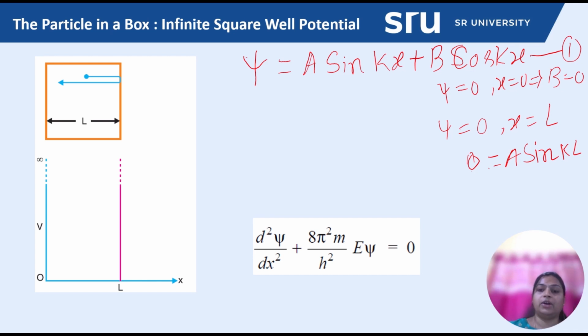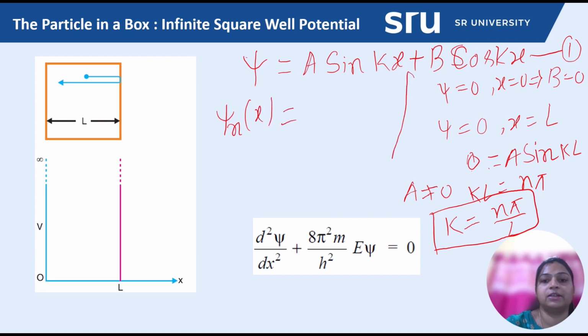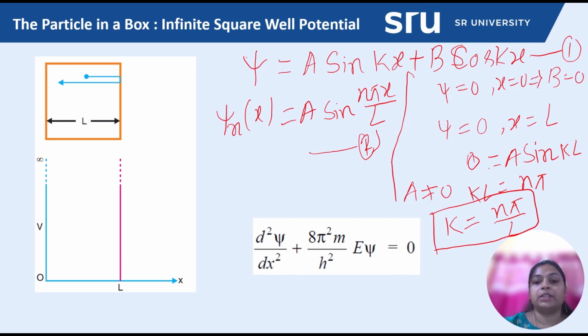Since a is not equal to 0, we can write kL is equal to n pi, where n is an integer, and we can write k is equal to n pi divided by L. So now we can write the general psi n of x is equal to a sine of n pi x divided by L. This is our general solution, the general wave function psi for the particle in a box.